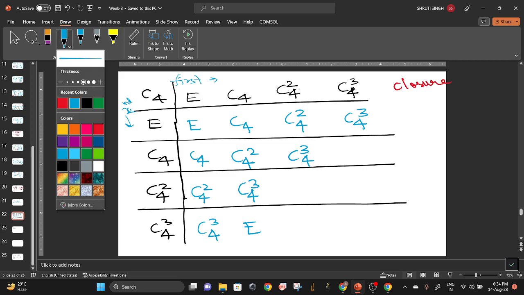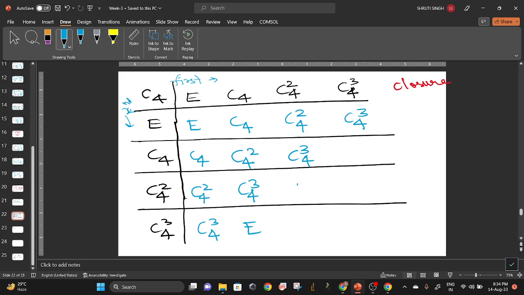Now C4 square dot C4 square will be C4 4, which is E. Now C4 square dot C4 cube is C4 5, so C4 5 is C4 1.